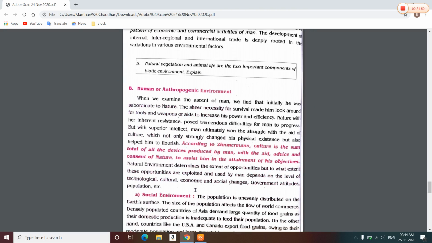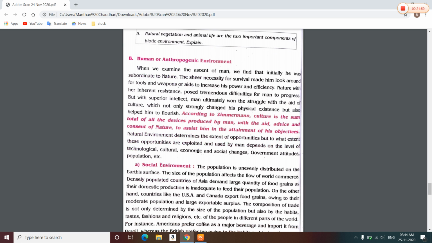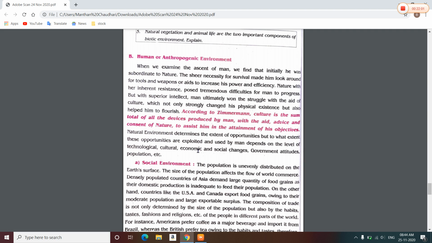Then human or anthropogenic environment. Human or anthropogenic environment means all man-made things.